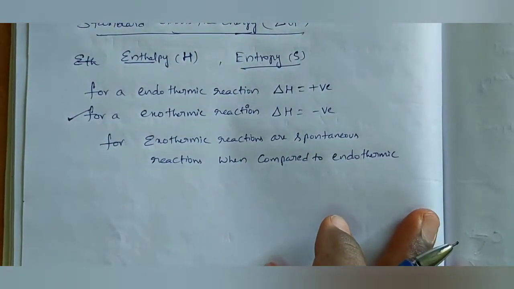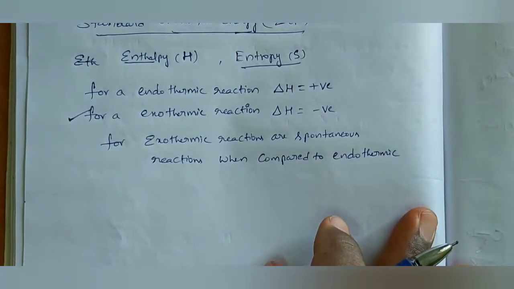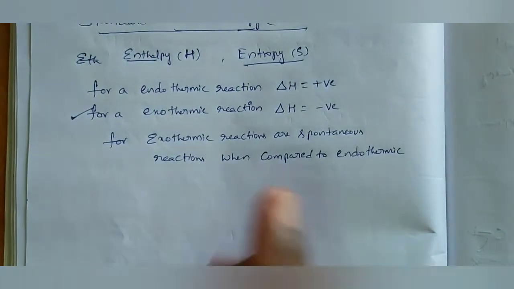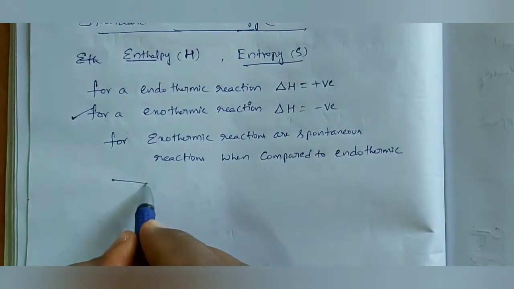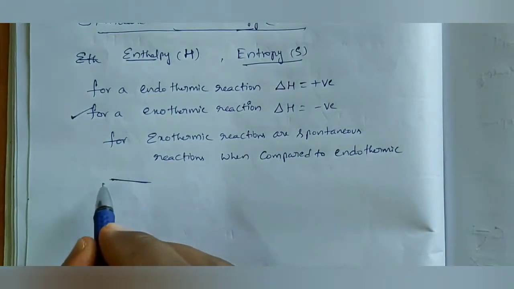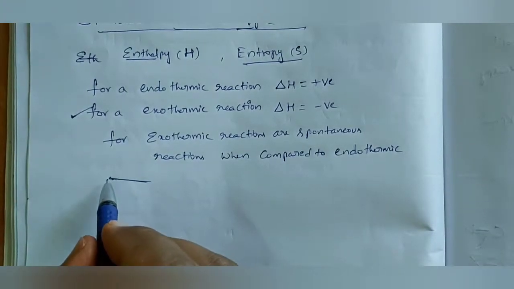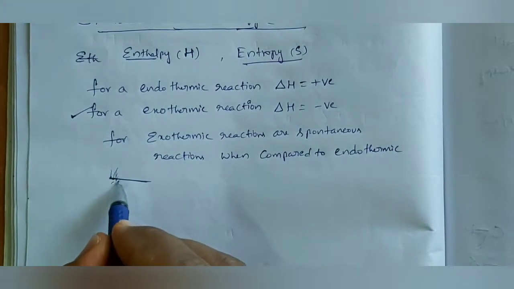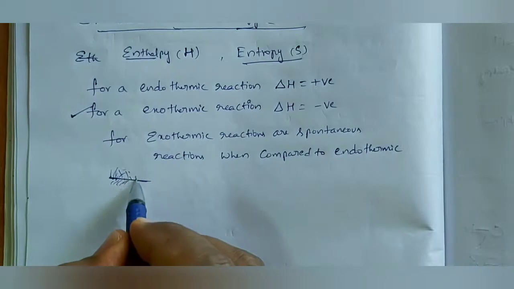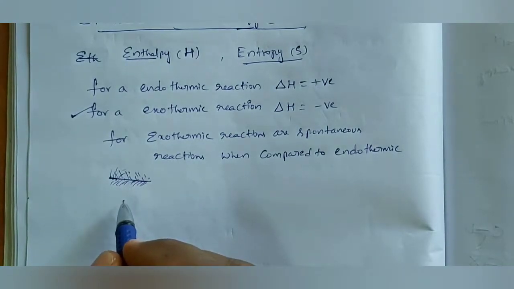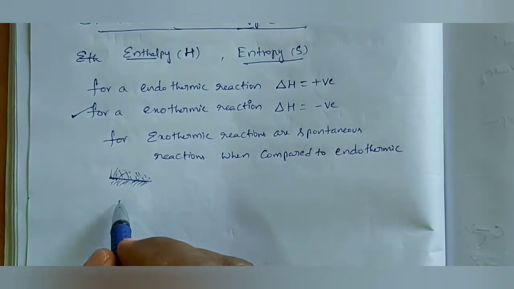Why? For example, at the time of Diwali, everyone fires crackers. Let us take one cracker and give some flame. Automatically, up to the completion of that cracker, it will burn. There is no need to give further heat energy.